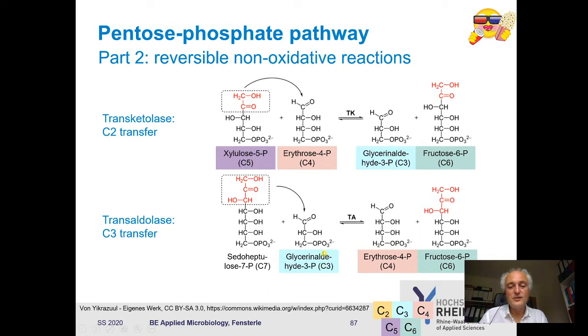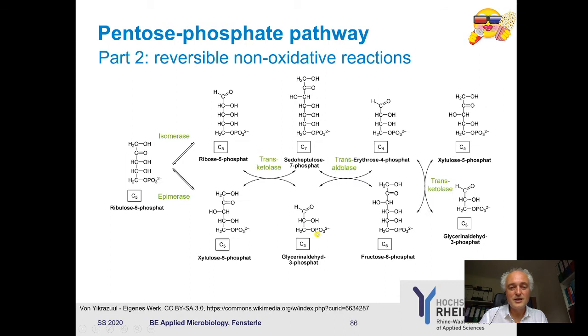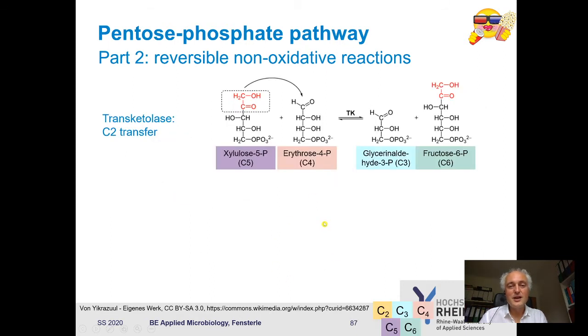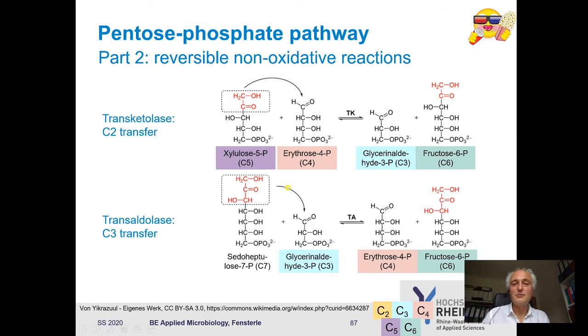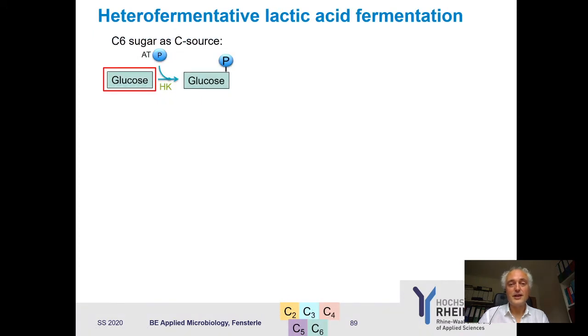So if I have now my glyceraldehyde 3-phosphate, I can go the next steps in my glycolysis pathway. Yeah, that's the cool thing here. And welcome to heterofermentative lactic acid fermentation. This is exactly what's happening here.